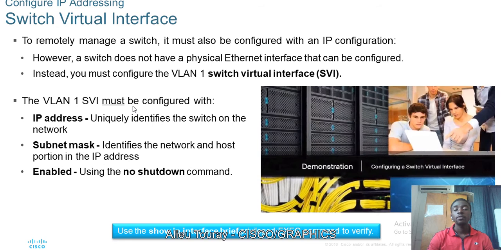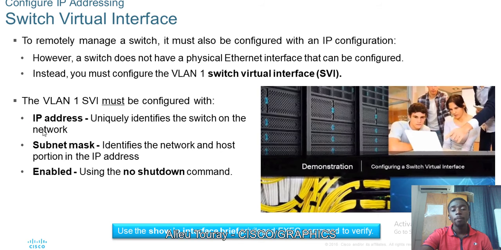So the switch virtual interface, like I said, is just for remote access or remote management of the switch. It does not carry IP packets. So the VLAN 1 SVI must be configured with an IP address and subnet mask, and it must be enabled because by default it is off. It also needs to have a default gateway, because if you want to access it remotely from a different network, it needs a default gateway.